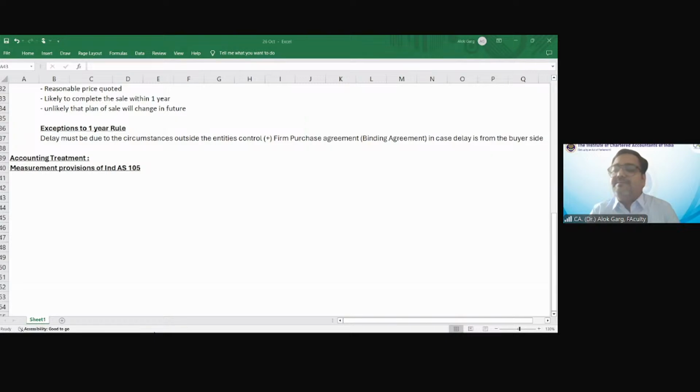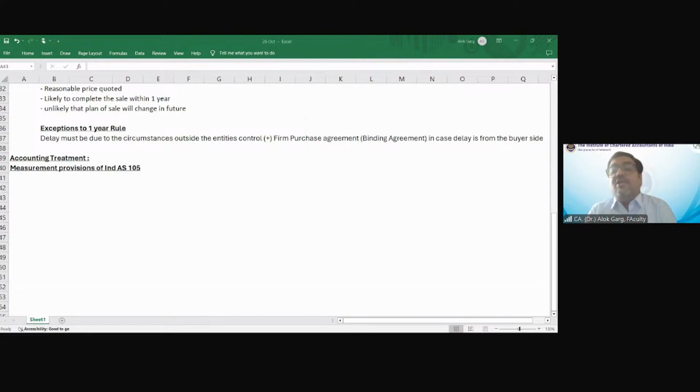For example, the company has purchased a building on 1st April 2020. And now the company has decided to sell this building. The held for sale criteria is met on 1st July 2024.